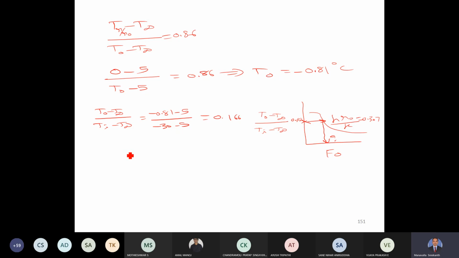The Fourier number, as I told you, is a non-dimensional way of representing time. So from the value of the Fourier number, we can calculate the time. So tell me the value. This is on page number 80.